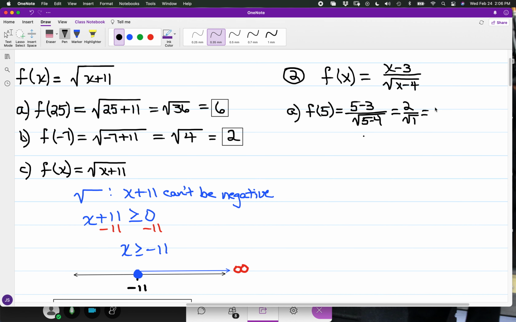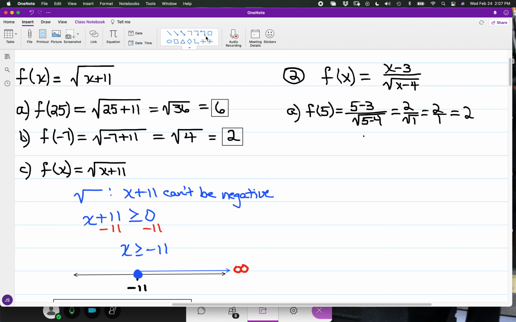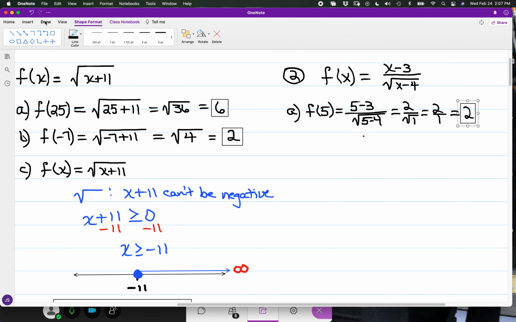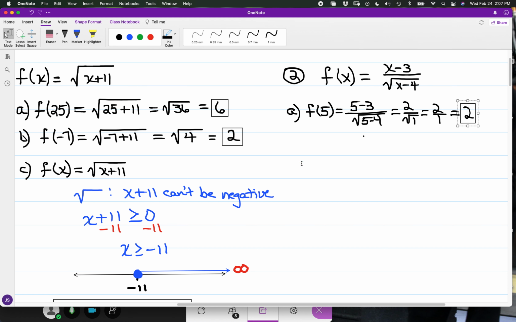The square root of 1 is only 1, and 2 divided by 1 is equal to 2. So whenever x is equal to 5, y is equal to 2. And for the next part, we have the determination of f of 9.